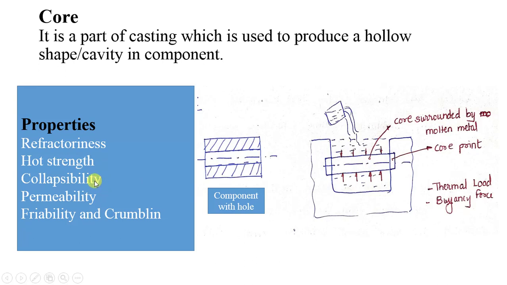Next is collapsibility. After solidification, the molten metal surrounded by the core contracts or shrinks, due to which the core gets pressurized.